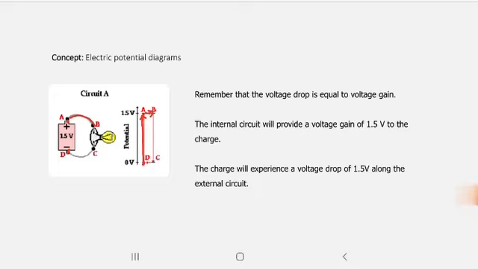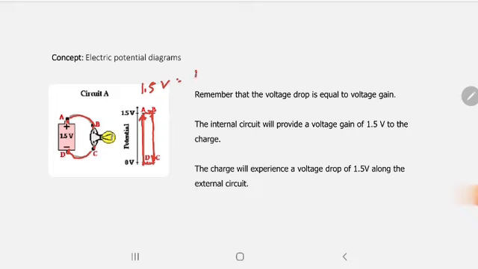Let's say we have a perfect wire, and then from point B to C, it passes through the filament of the bulb, right? So virtually all of the potential energy will be converted to light and heat energy. That's why when it reaches D, it is 0 joules. And then the battery will again give it energy, right? 1.5 volts.